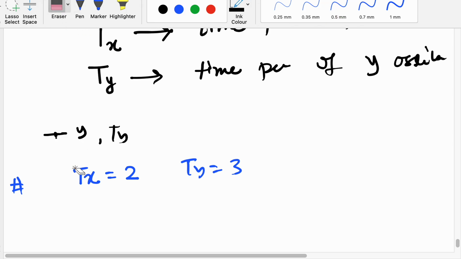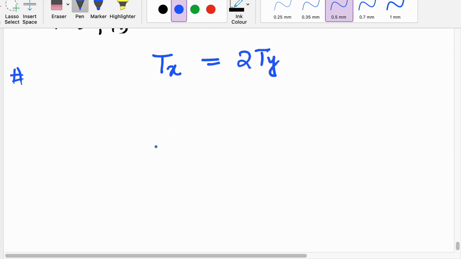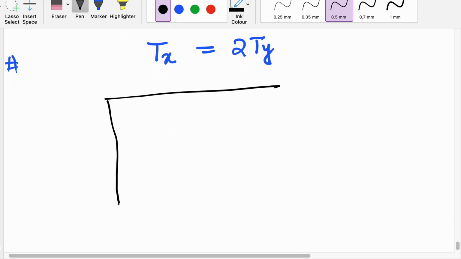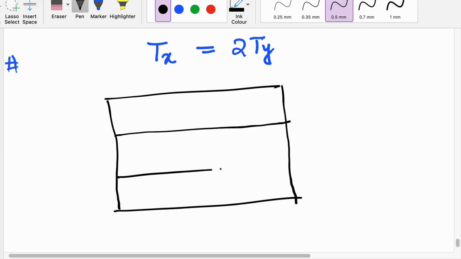Or maybe you can write it in this way, that tx is 2 and ty is 1. Since y is smaller and x is larger, maybe 1 is enough here.